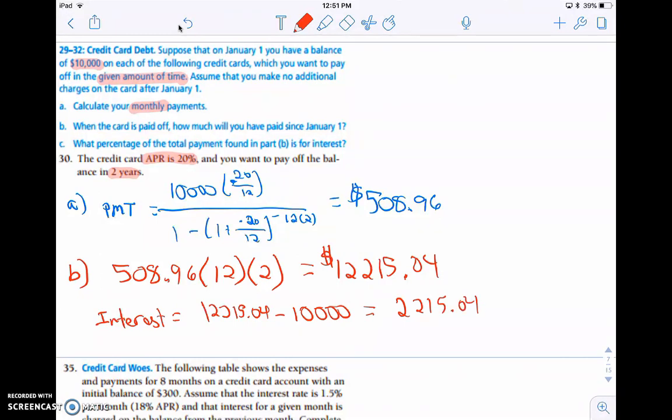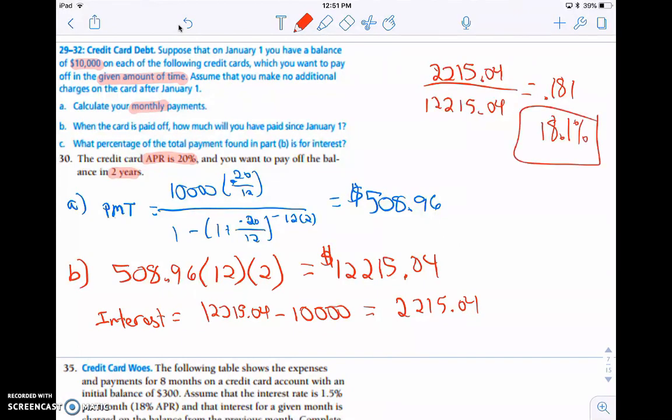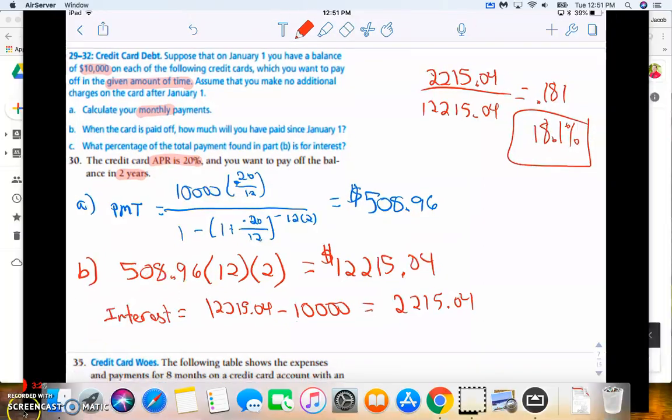Then we're going to take the $2,215.04 and divide it by the amount that we paid in total, and that is roughly 0.181 or 18.1%. So 18.1% of the total amount that we paid was interest.